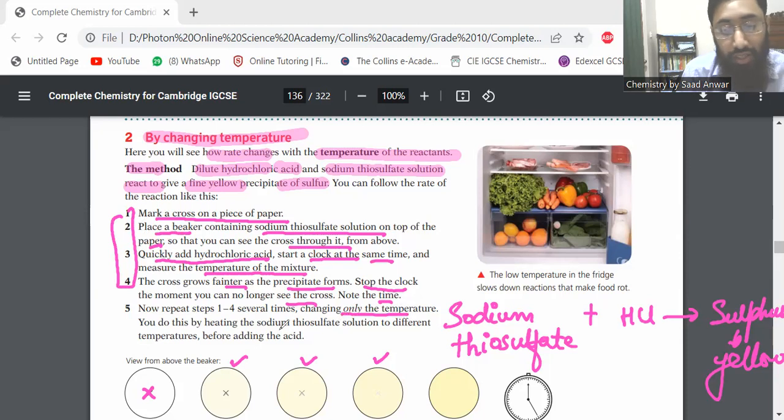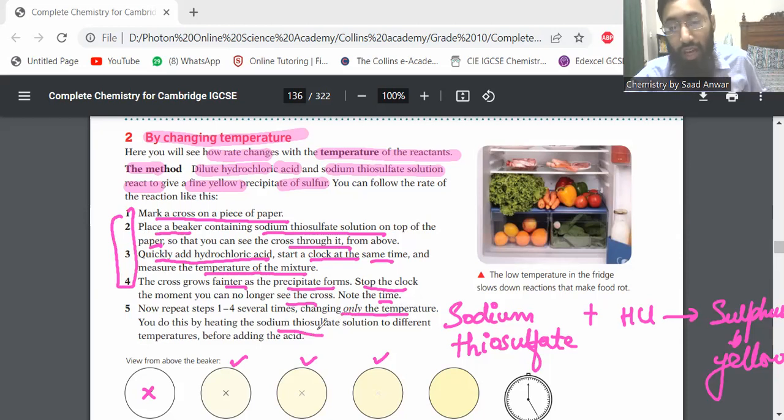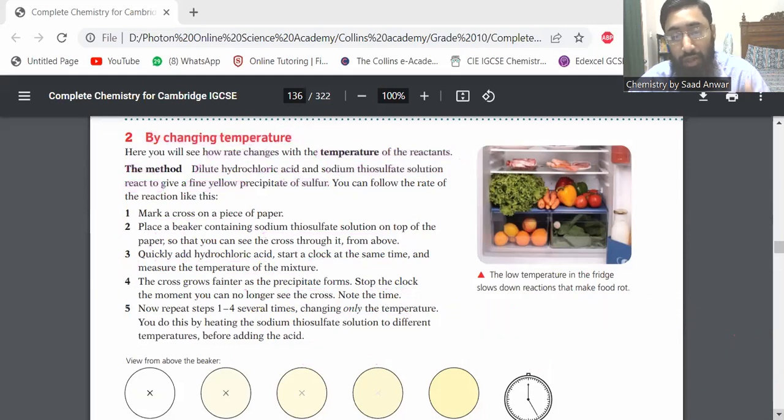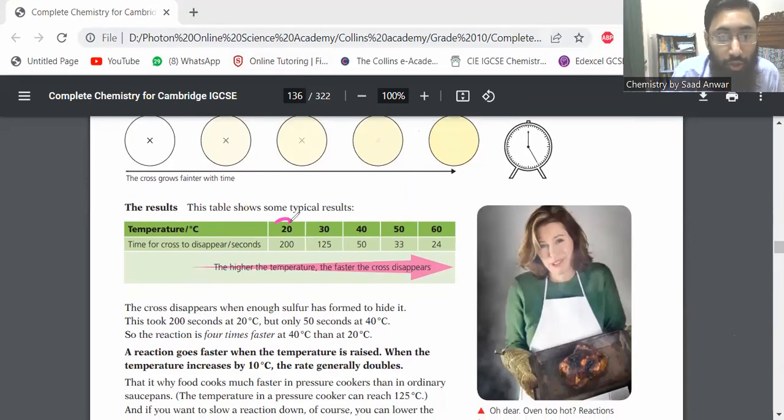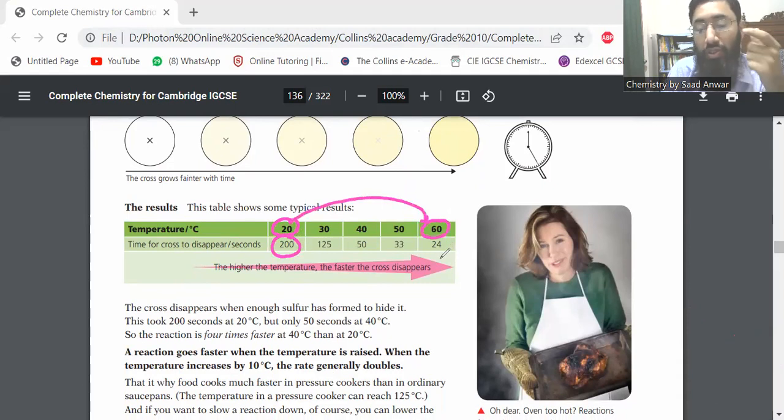Now repeat steps 1 to 4 at a different temperature, changing only the temperature. You do this by heating the sodium thiosulfate solution to different temperatures before adding the acid. You will see it now takes less time for the cross to disappear. When the temperature is 20, 200 seconds is required for the cross to disappear, and when the temperature is 60, only 24 seconds is required.